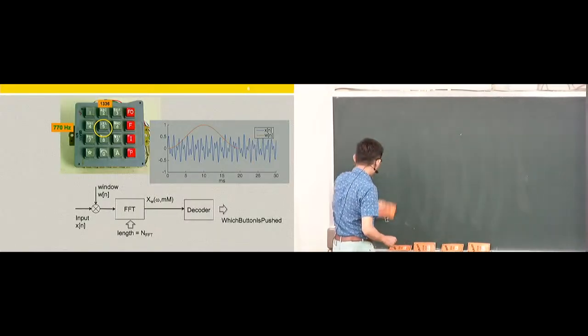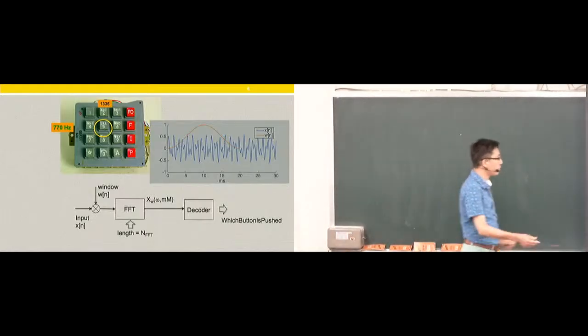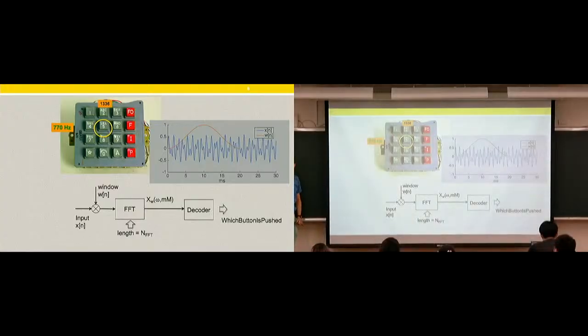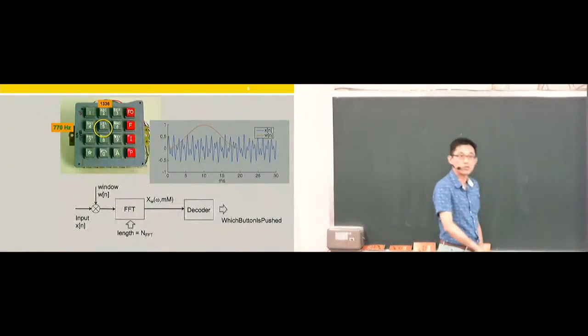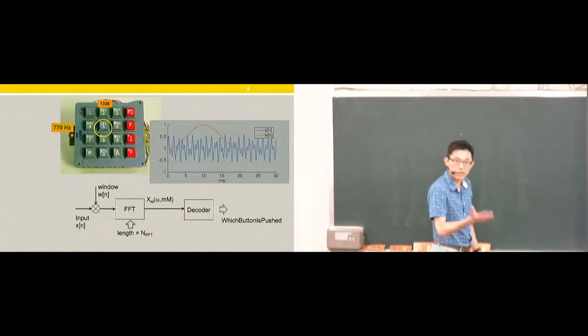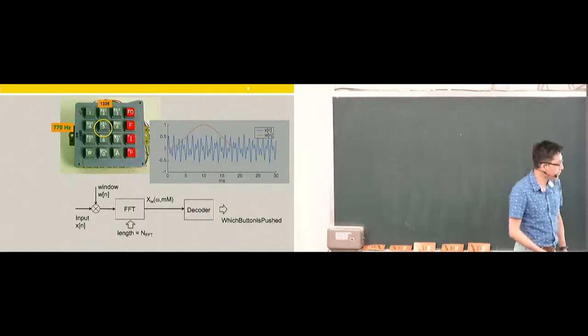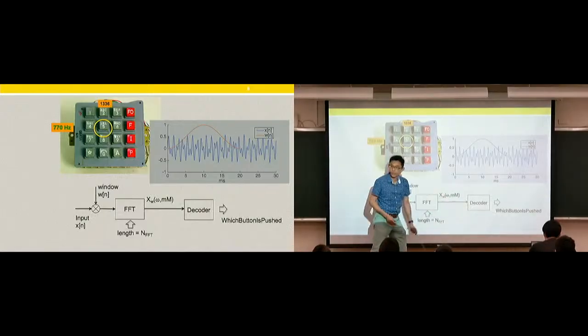What do we expect to see when we multiply that unknown signal with a window and then go to the frequency domain? And that's your homework. That's homework number 5. So if you can see something, then maybe you'll be able to figure out which button is pushed.